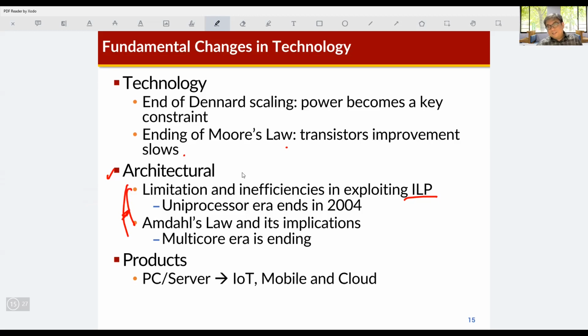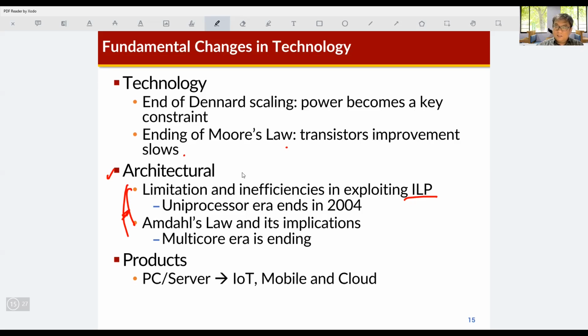Let's see the product of the computer system. Traditionally, computer meant the personal computer or supercomputer systems. But recently computer products are moving to IoT, mobile, and cloud infrastructure.